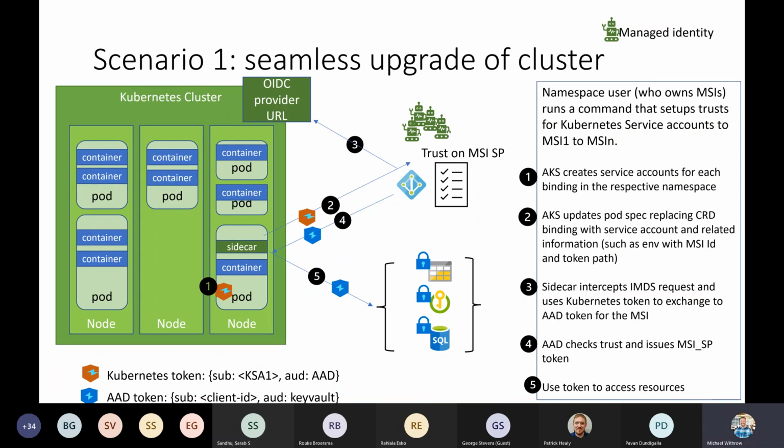Any other questions? I would assume everybody's kind of curious about the timelines. So like I said before, we do have public preview on the open source side that's using app registration.